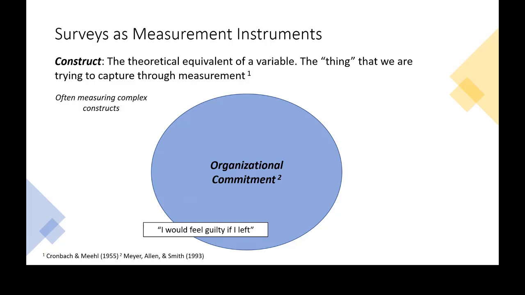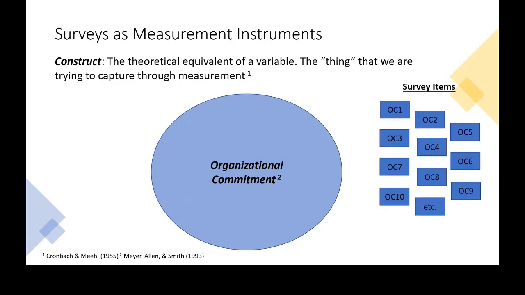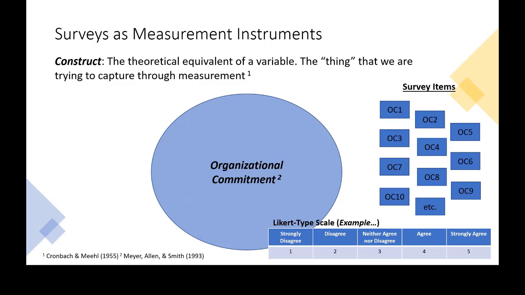So in practice, what we're usually doing with a survey is we're using multiple items that tap into different pieces of this construct that we're trying to measure. And so these items you might have like Likert type scales. So on a scale from 1 to 5, 1 being strongly disagree, 5 being strongly agree, how much do you agree or disagree with each of these statements about your organization, for example.